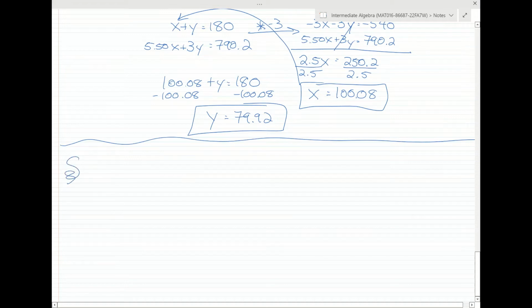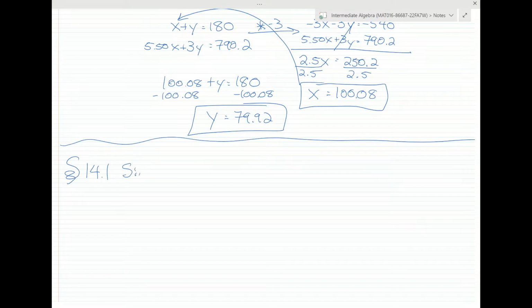All right, section 14.1. We're going to be simplifying rational expressions.